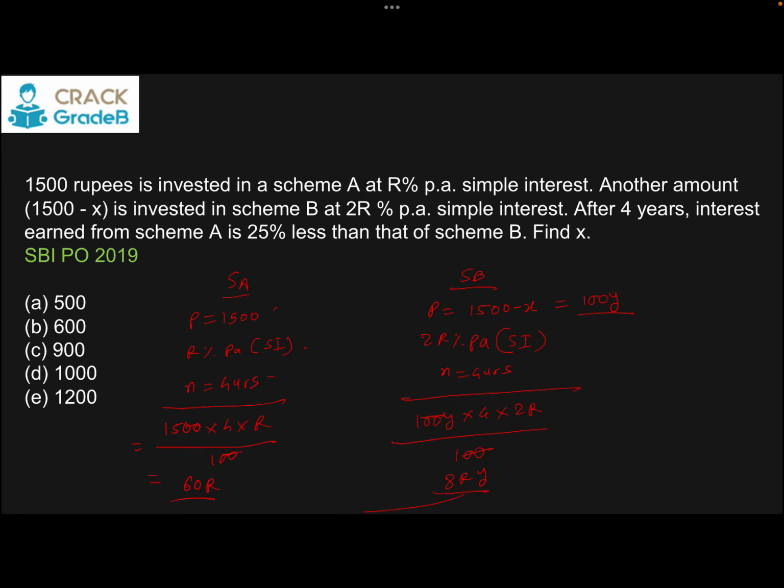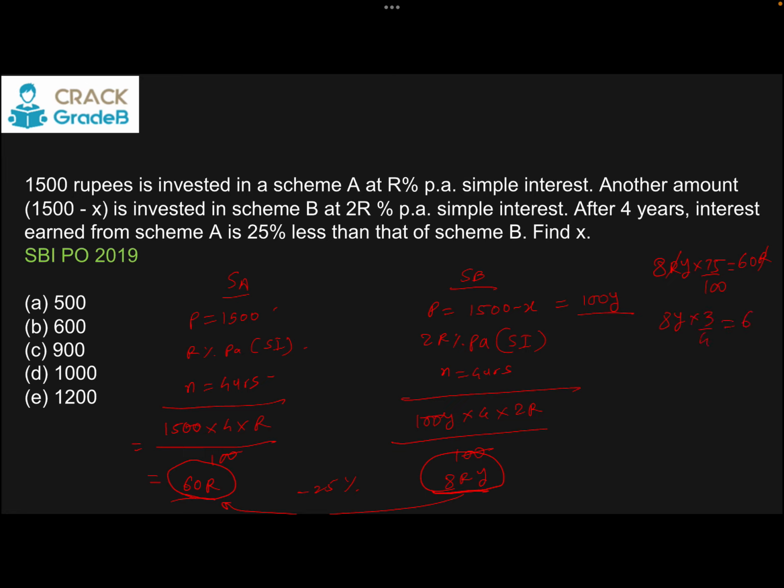They are saying this quantity is 25% less than this quantity. 25% less means this quantity is 75% of this quantity. So 8 times of R into Y's 75% should be equal to 60R. So R and R can get cancelled like this. This is going to be 3 by 4.